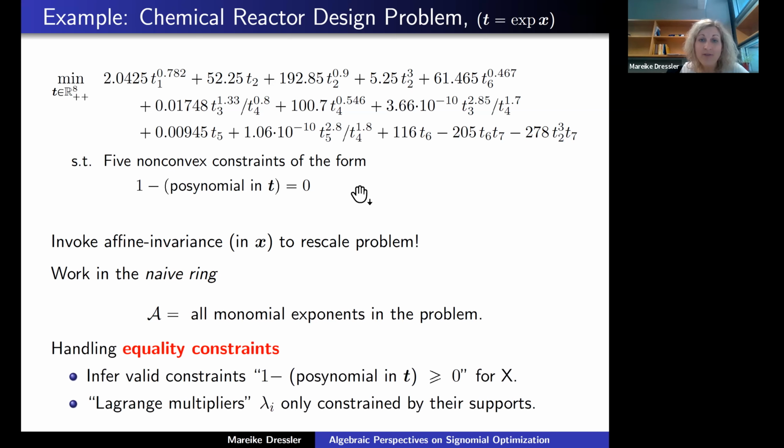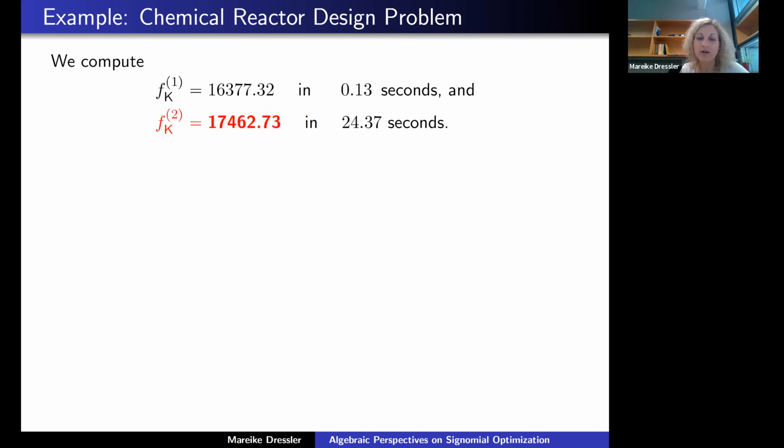And then you see we have equality constraints involved. So what we do is we infer valid inequality constraints and push these equality constraints, because these are highly non-convex, right? Push these into our g_i. And then we tackle this problem with our software SAGE, which invokes also the numerical solver MOSEK.